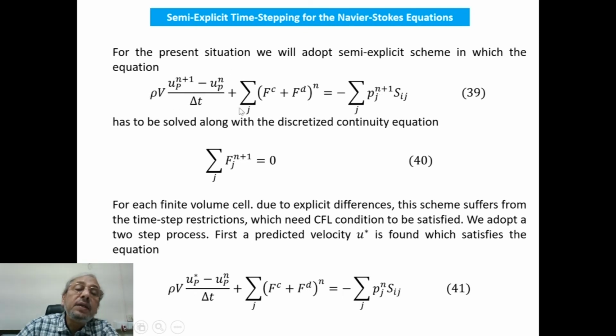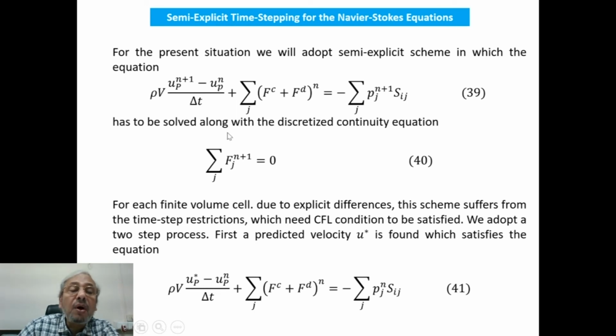And then we have done mass lumping here, rho into volume, and this is u p n plus 1 minus u p n by delta t, and this u can be u, v, or w, then accordingly p has to be adjusted, and these are the momentum equations in 3 directions.